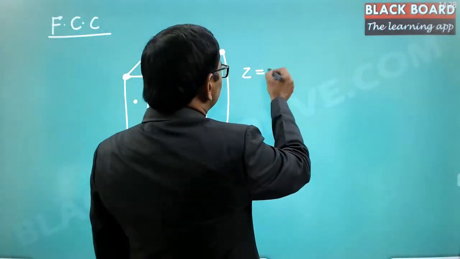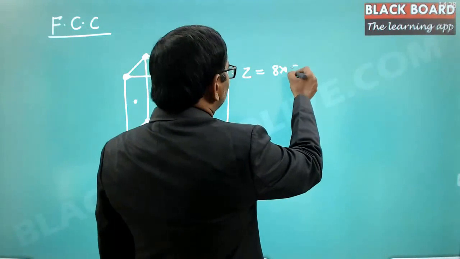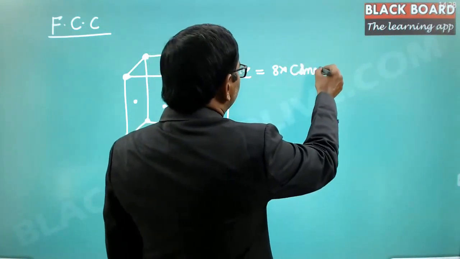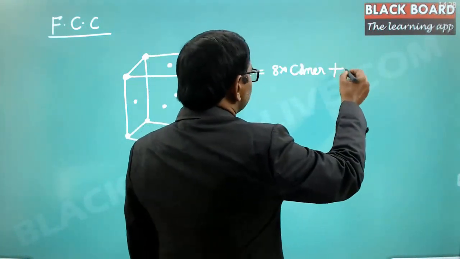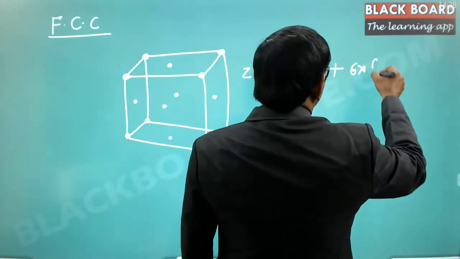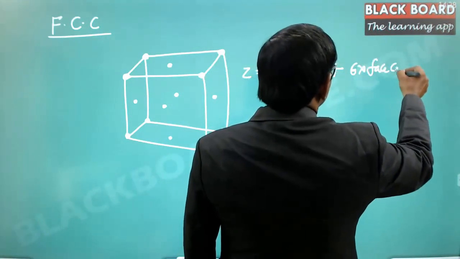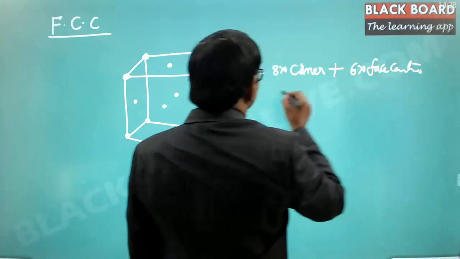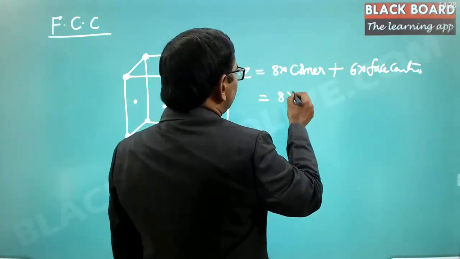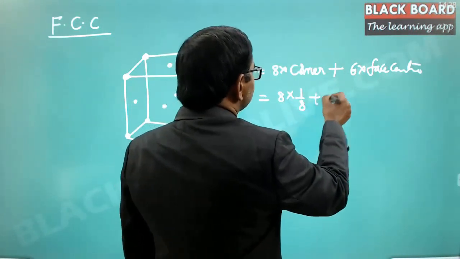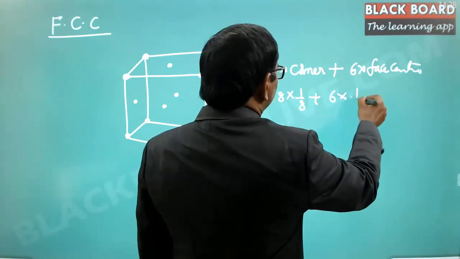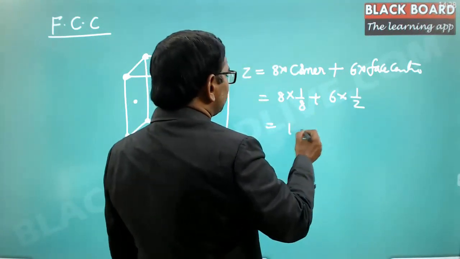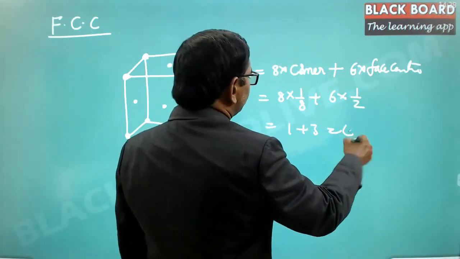Now we calculate Z. Z is equal to 8 into corner plus 6 into face center, which is 8 into 1 by 8 plus 6 into half. It is equal to 1 plus 3 is equal to 4.